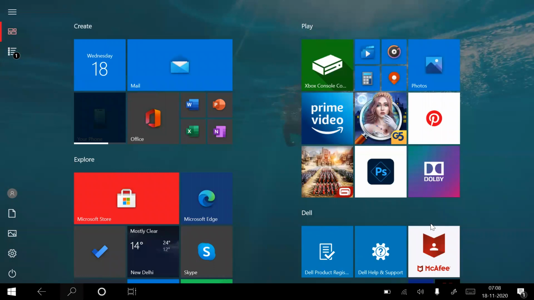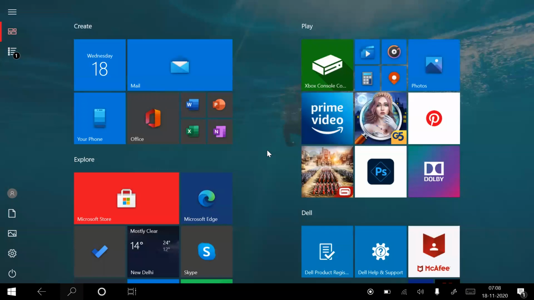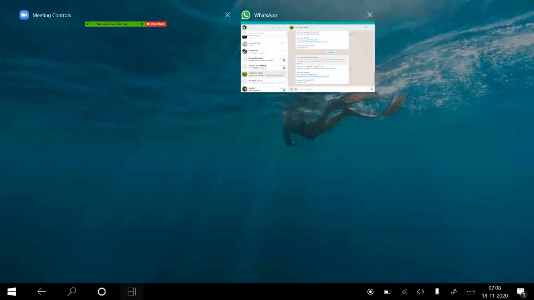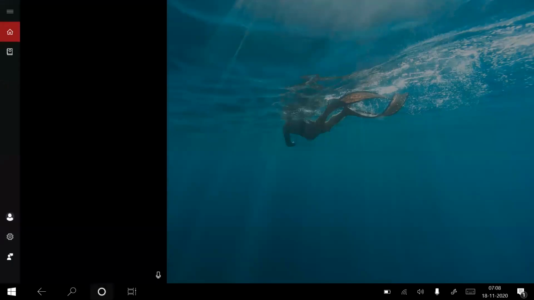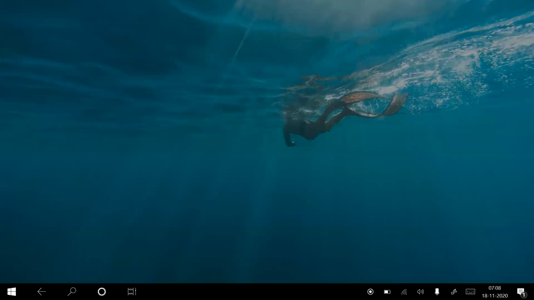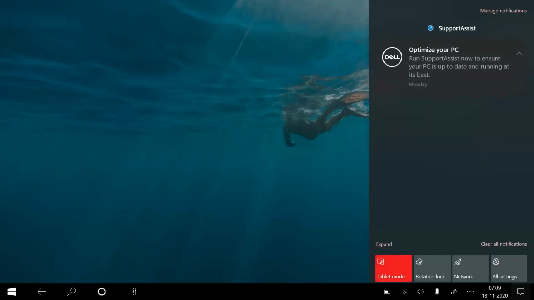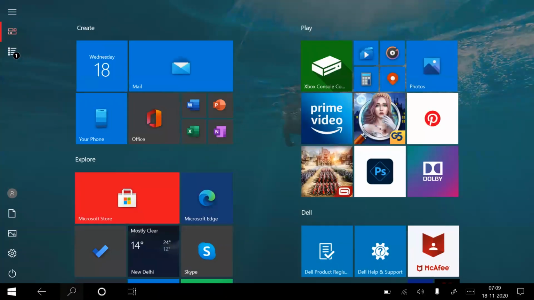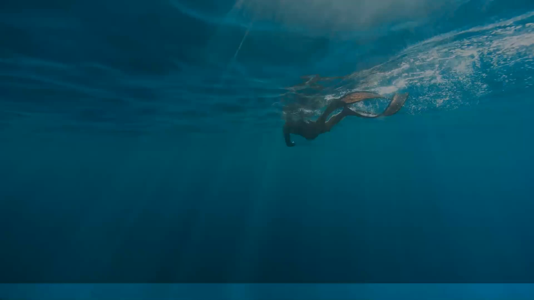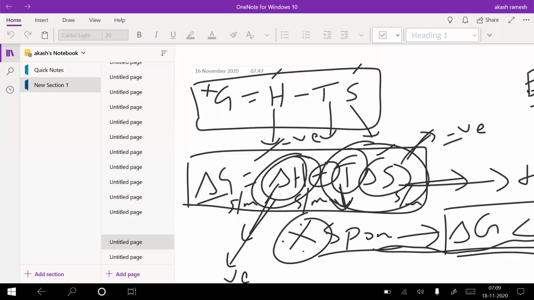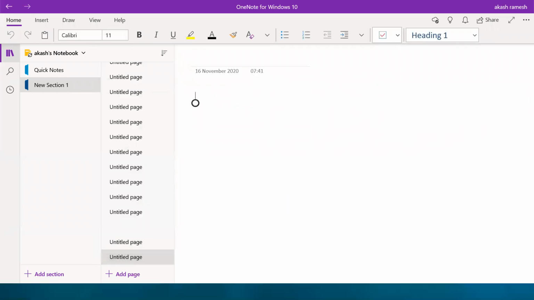Able to see my screen, I hope? One second, people.